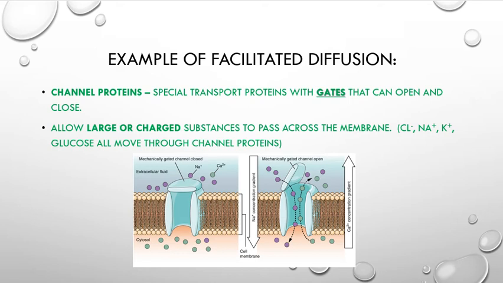So large polar molecules like glucose are once again our example, and necessary ions like chloride or sodium ion are needed to pass through. They would actually be rejected by the cell membrane. They're too large, or they're too polar, or they're charged. They're ions.